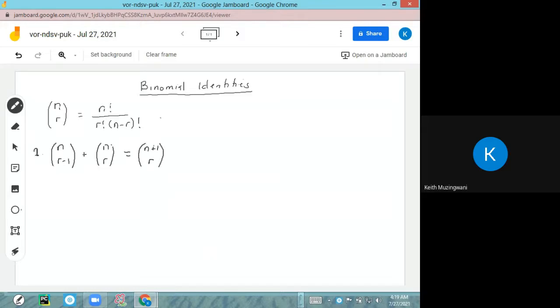So I want to show that the left hand side is equal to the right hand side. The proof of this picks one side and shows that it's equal to the other side. So we'll pick the left hand side.